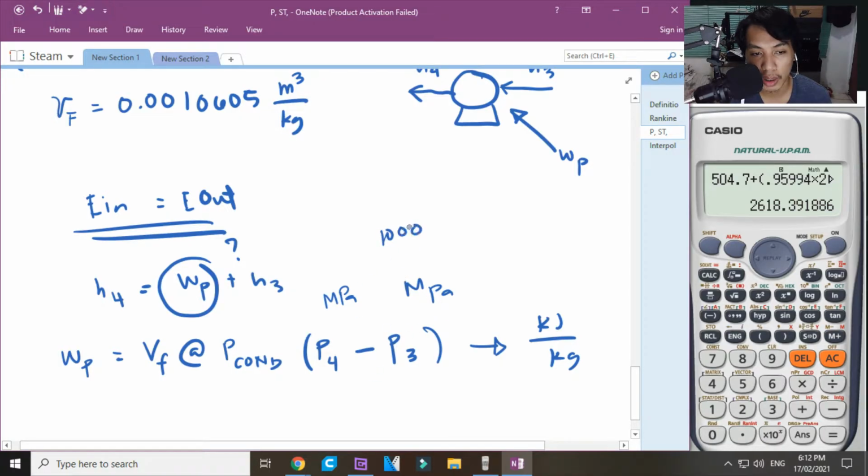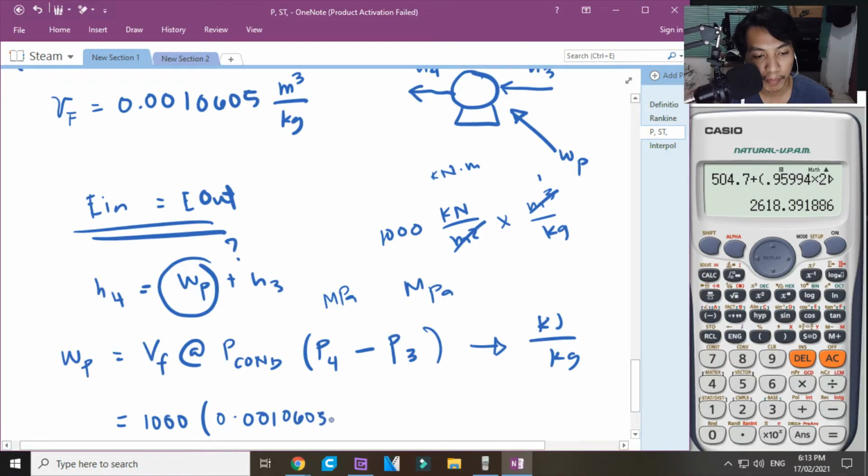Dapat to nakalagay is kilojoule per kilogram. Ano bang unit ng MPa? Eh di 1,000 kilonewton per meter squared. Tapos multiply mo sa VF, meter cube per kilogram. Di ba ang kilojoule is kilonewton meter? O di ma-cancel to, may matitirang isang meter. So you have to multiply itong buo ng 1,000. 1,000 multiply to VF, which is 0.0010605 meter cube per kilogram.